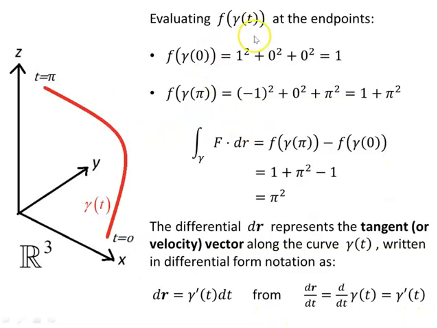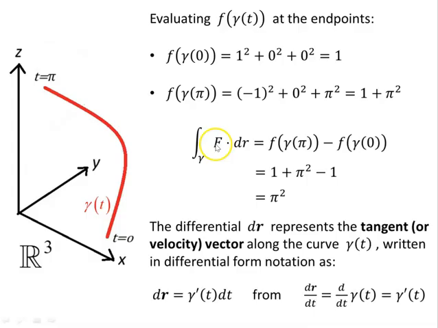All right, so evaluating f of gamma of t at the endpoints: at t equals 0, cos of 0 is 1, sin of 0 is 0, and t is 0, so we get 1. At the other endpoint, gamma of pi, cos of pi is minus 1, squared, and t equals pi, so we get pi squared, giving 1 plus pi squared.